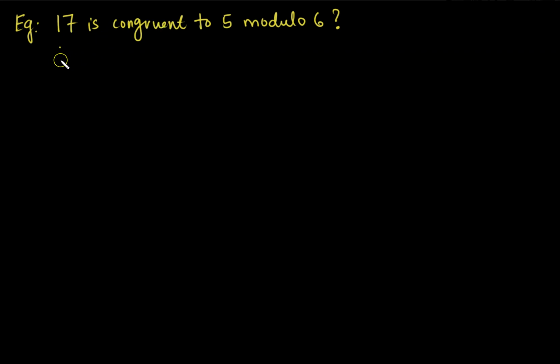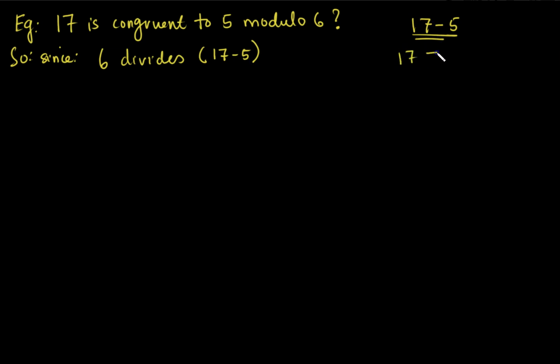So let's do the first one. The question is, is 17 congruent to 5 mod 6? This is only congruent if and only if 6 divides 17 minus 5, correct?